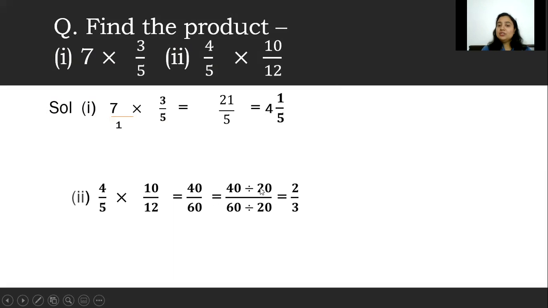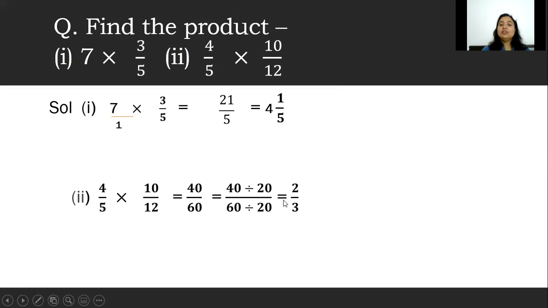So I have found the HCF of 40 and 60. Please watch the previous video to find the HCF quickly on your fingers, right? So I have found the HCF, that is 20. If you divide 40 by 20, you'll get 2, and 60 by 20, you'll get 3.